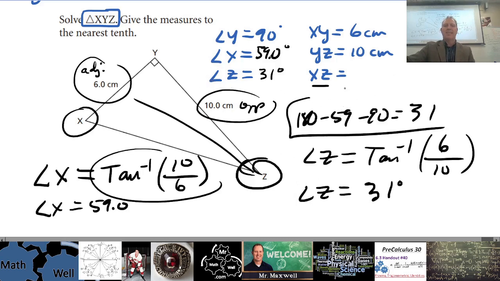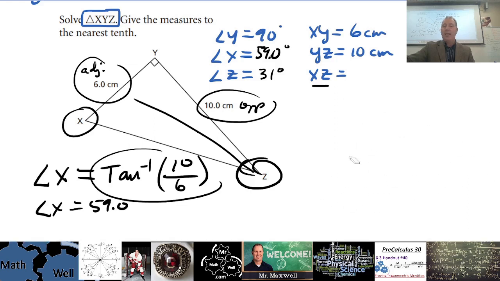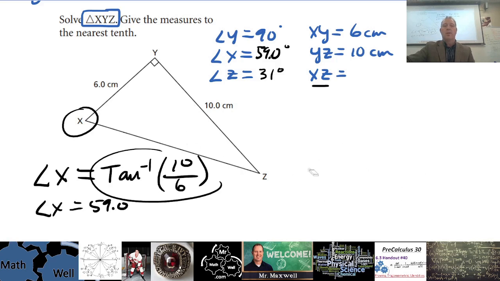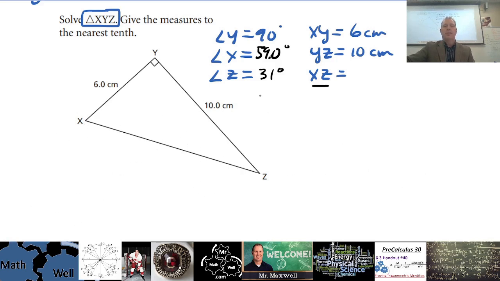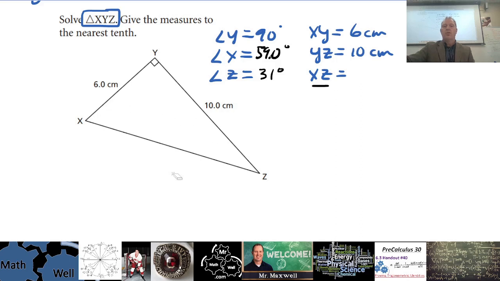Now, what about xz? How am I going to find xz? Again, you have options here. Well, I'll just erase everything. You could do Pythagoras, right? A squared plus b squared equals c squared. Is there another way to do it? Well, yeah, there is. You could use trig functions again. You could take any angle. We know this angle now, 59 degrees.